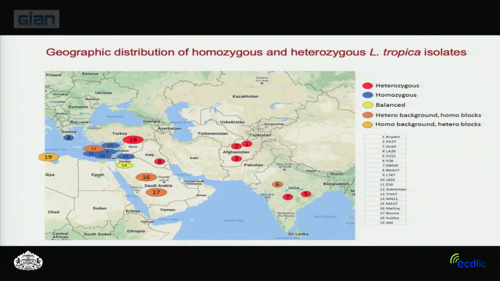That's where you find these heterozygous strains, suggesting that there was some primordial outcrossing event involving strains here, and that hybrid genotype was, for whatever reason, expanded and radiated eastward, and became the dominant strains in those regions.